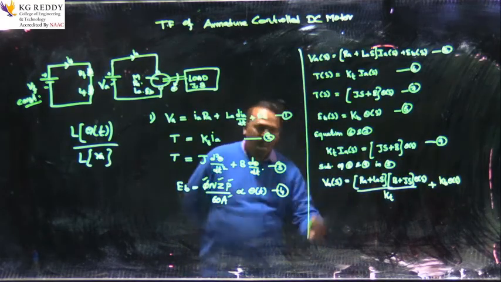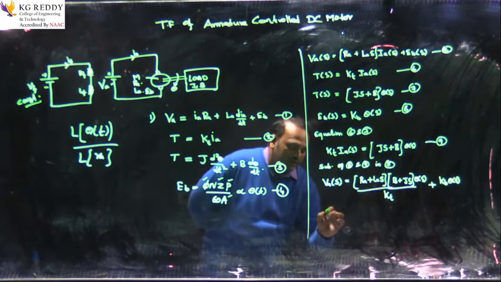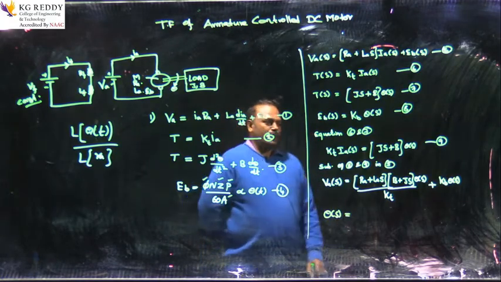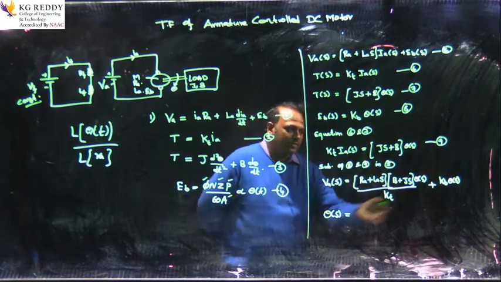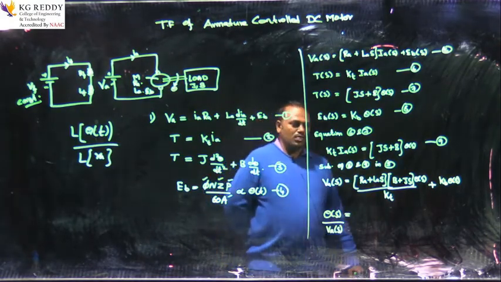So, taking LCM and after cross multiplying, we have theta of s by V of s is equal to.